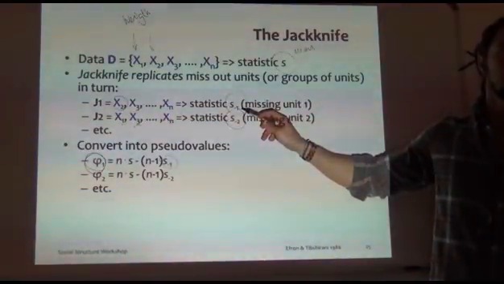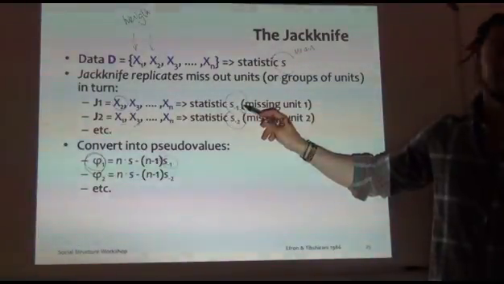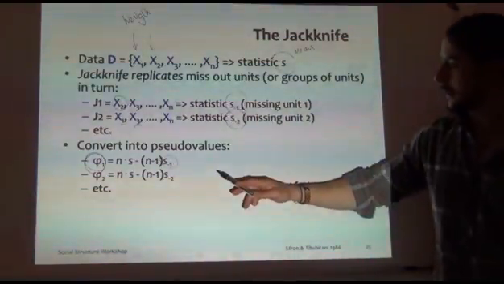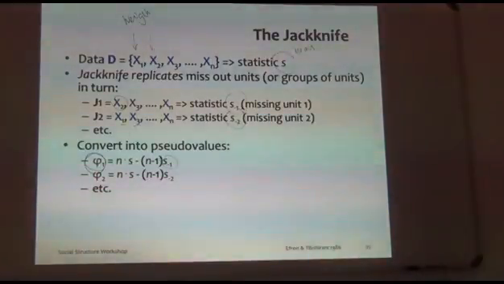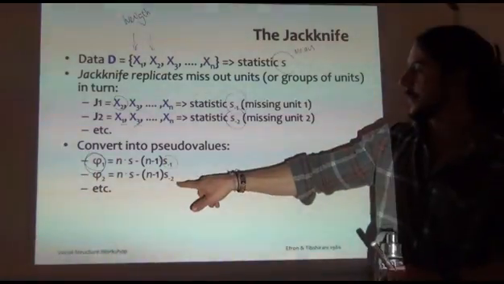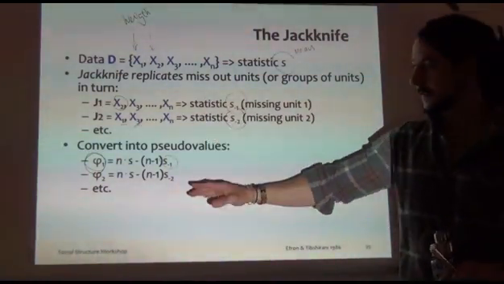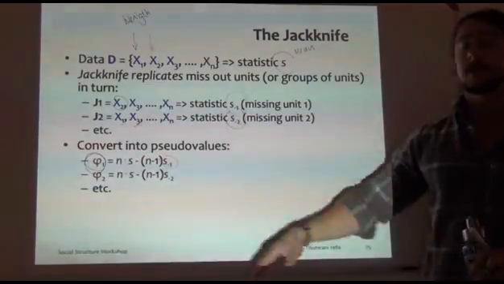Are you still with me? So it's n minus 1 times the mean of the first jackknife. And then you do the same for the second jackknife, and the same for, if you have 1,000, you do this 1,000 times.